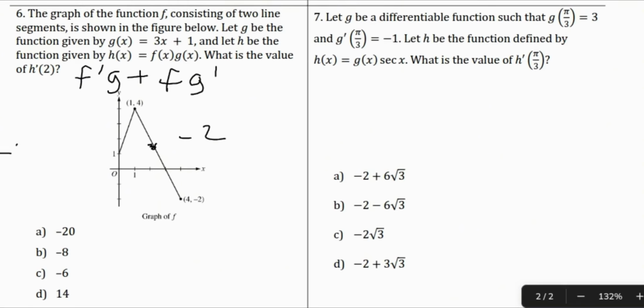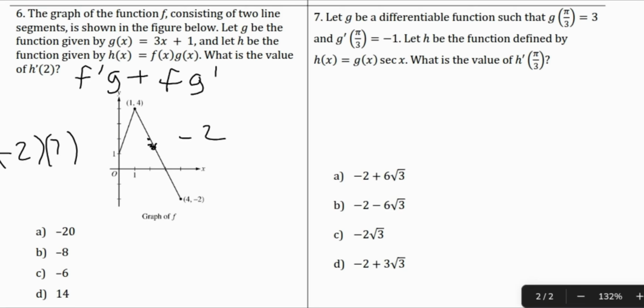So -2 times g of 2, which when we plug into the g equation is just 7. And then we have f of 2, which is right here, sorry, that little dot isn't proper.